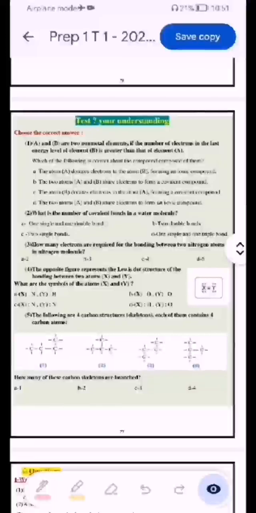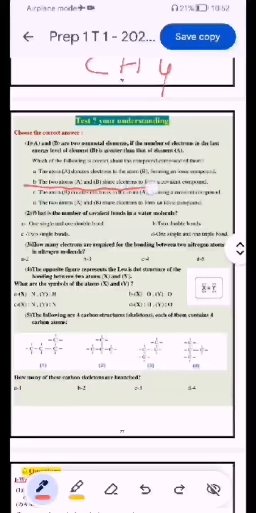The atom A donates electron to atom B. Donate means give. In a covalent bond, is there gain or loss? No. So it's false. Number 2. The two atoms A and B share electrons and form a covalent compound. This is true. Sharing occurs between them and forms a covalent compound. Okay?